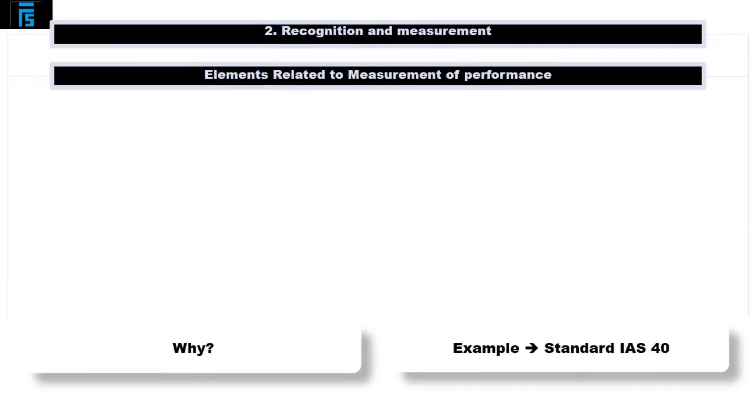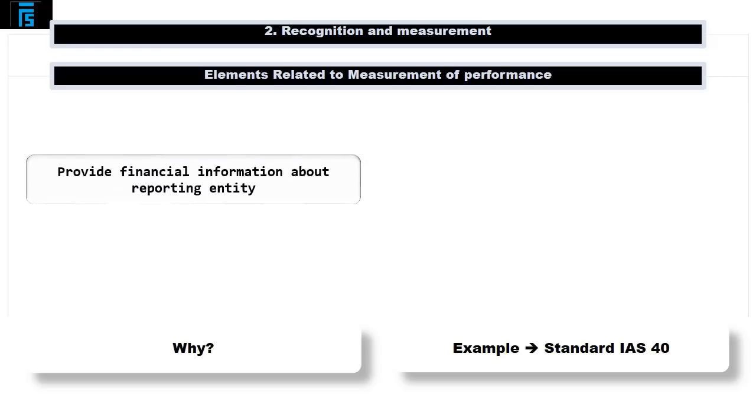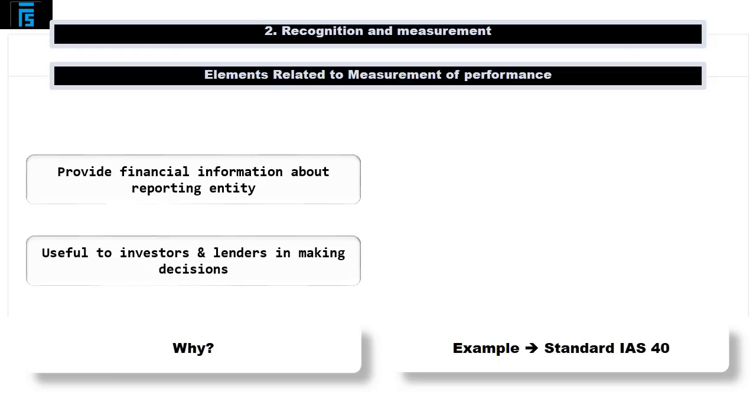The starting point of the framework is the fundamental question of why financial statements are prepared in the first place. In other words, what is the point? The answer given is as follows. The objective of financial reporting is to provide financial information about the reporting entity that is useful to existing and potential investors and lenders in making decisions about providing resources to the entity.